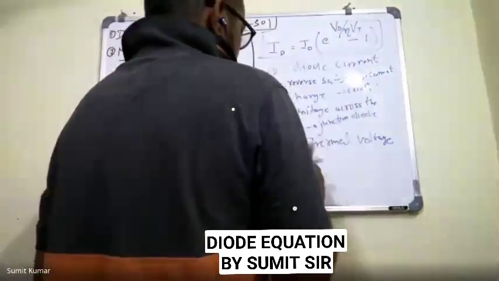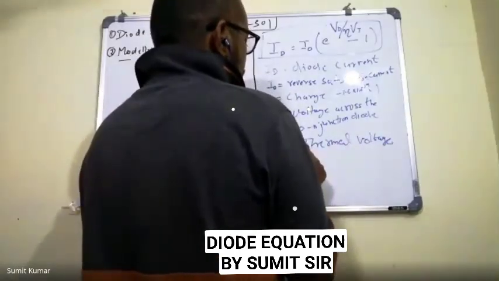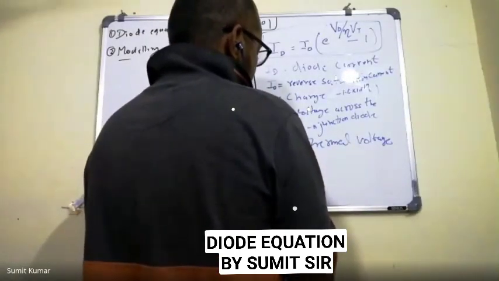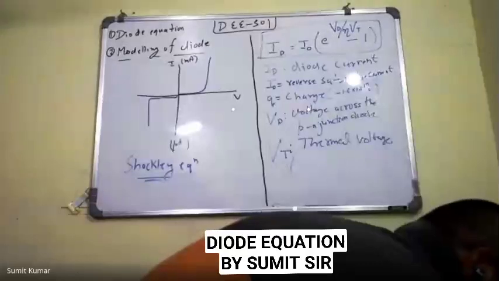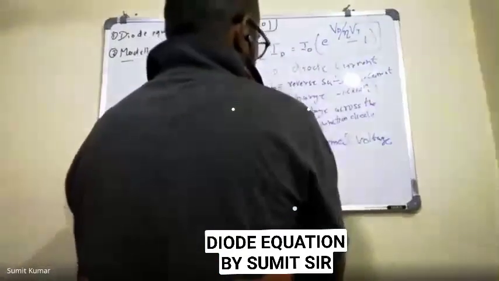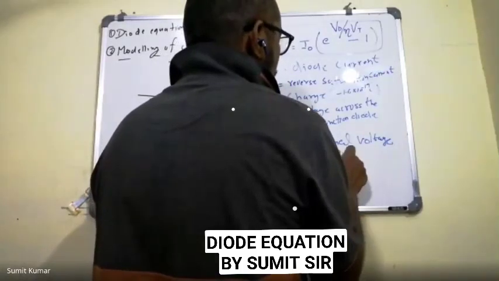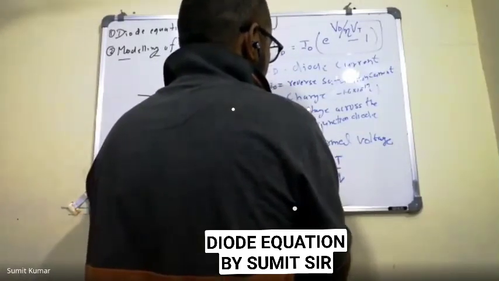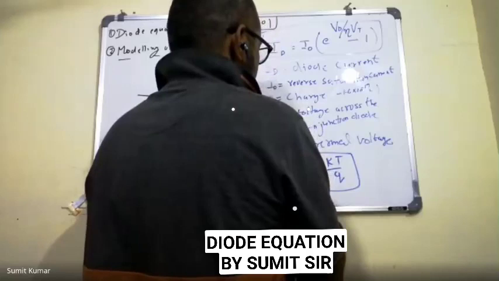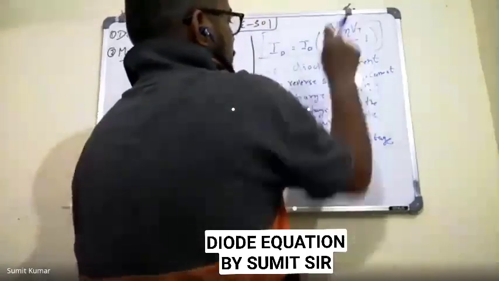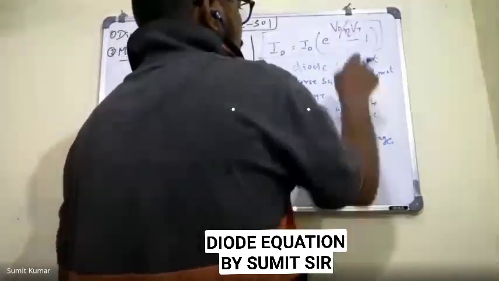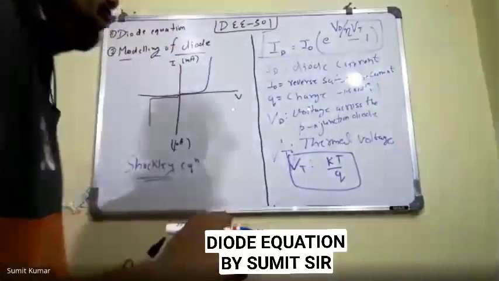Vd over eta Vt. Vt is the thermal voltage, and what is the thermal voltage? Vt equal to Kt over Q. Actually, when we put this Vt here, then you will get some Q and Kt in the denominator.